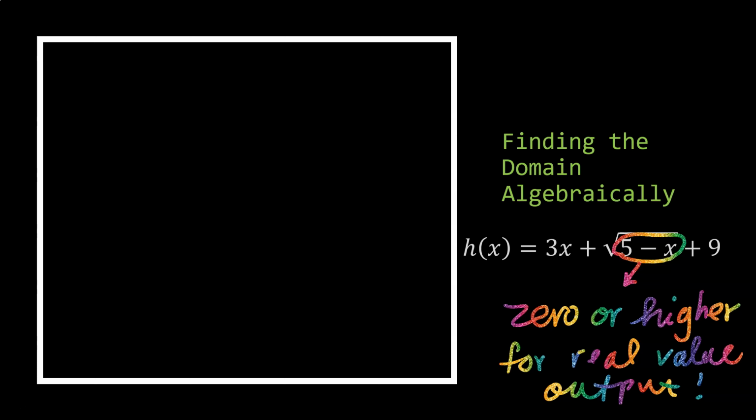So there is a restriction on that x value, okay? And then you can always add 9. So there's no further restriction. There's only one, and that would be 5 minus x will have to be greater than or equal to 0. This is just a basic linear inequality to solve for, so x would have to be less than or equal to 5.